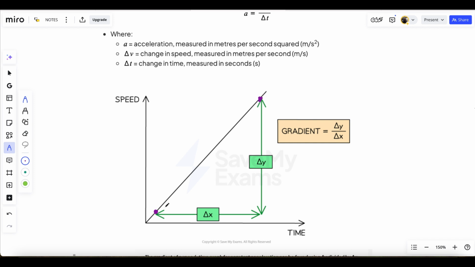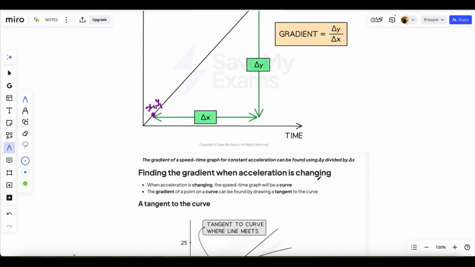Each coordinate point is x1, y1, and this other coordinate point is x2, y2. Once you know this, you'll be able to calculate the gradient by saying gradient is y2 minus y1 all over x2 minus x1, as the case may be.